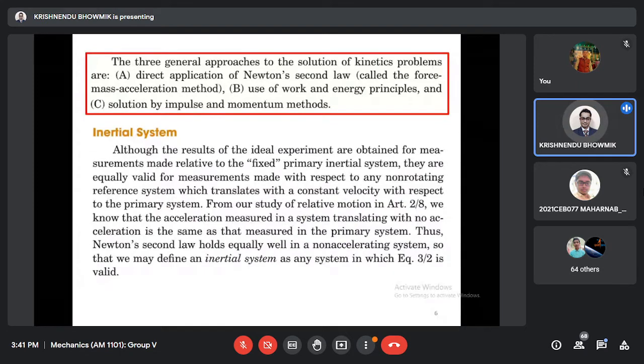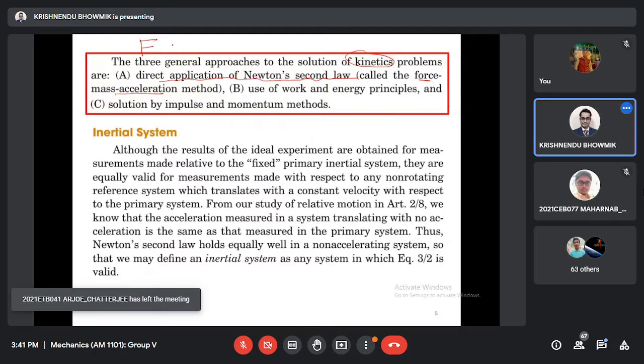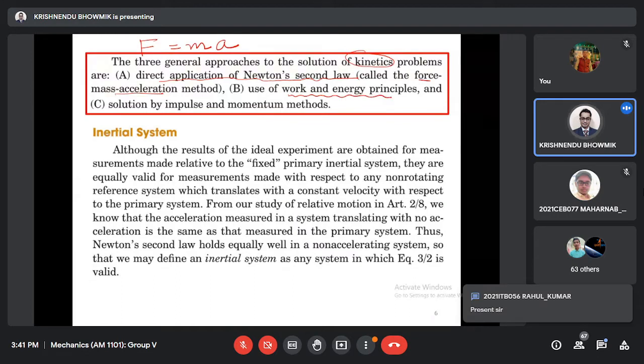Now whenever we are solving in kinetics, there could be three ways to solve any problem. Directly we can apply Newton's second law, which is called the force mass acceleration method, or maybe we can use work and energy principles, or maybe we use impulse and momentum methods.